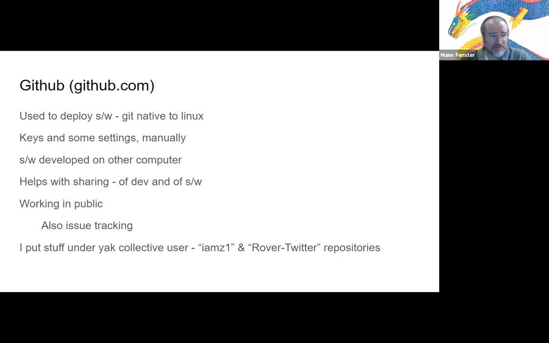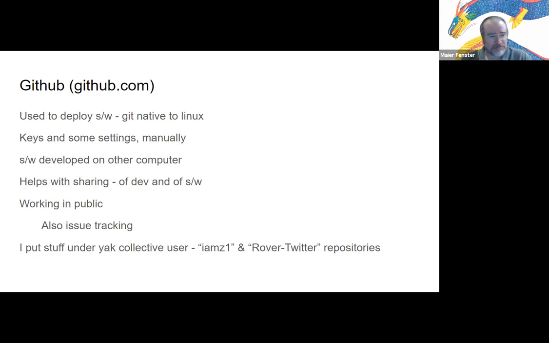Next tool is GitHub. Now, GitHub is basically used for deploying software. I have to get whatever software I write onto the rover, and the easiest thing to do is to use GitHub. Git is native to Linux, so again, it works together naturally.